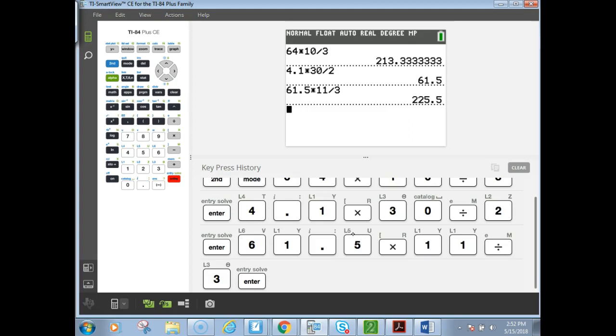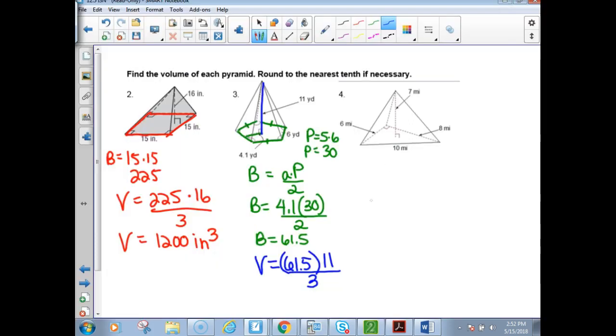Okay, got 225.5. What was it, 221.5? 225.5. Oops, thank you. And that was in cubic yards, or yards to the third, yards cubed, whatever you want to say.